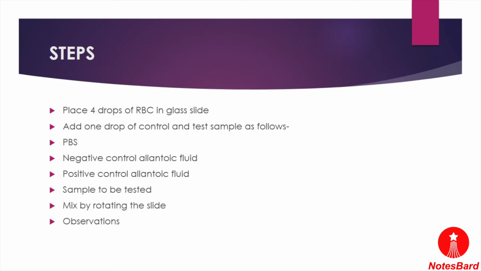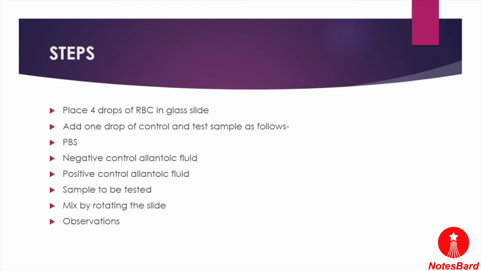Now the fourth drop is of an unknown sample which is to be tested. So these drops are dropped over the 4 drops of RBCs, and after that they are mixed by rotating the slide or tile for 1 or 2 minutes, and then they are observed and the results are recorded.